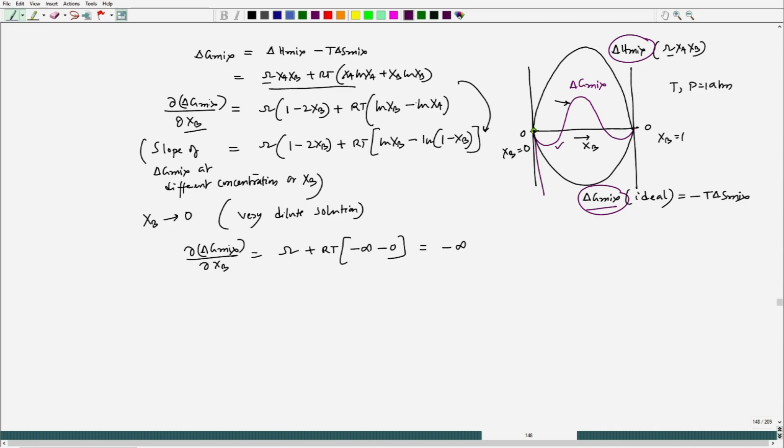What does it mean? It means that when I try to make an ultra pure metal, let us say, that means I am trying to make a pure A. So, I am taking away B gradually. So, if we start with pure A, ultra pure A, now if I have a little bit of addition of B, the slope would become minus infinite.